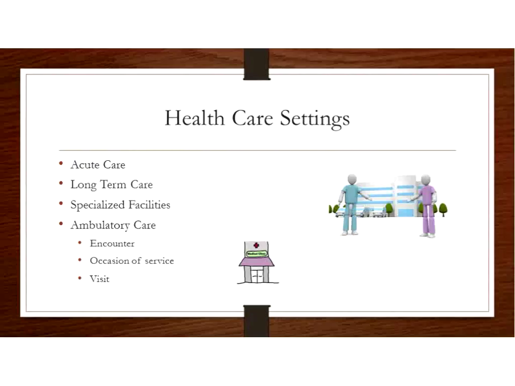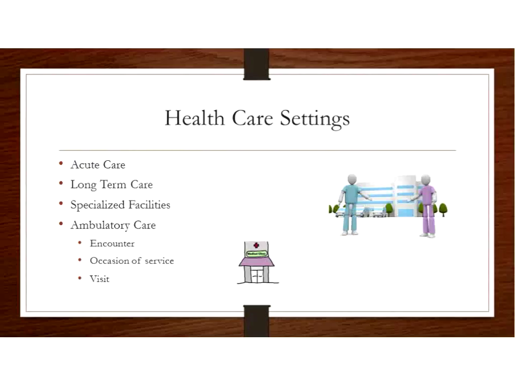Now, when we're talking about the occasion of service, this is looking at those ancillary type services, those identifiable services that are involved in the care. It's not the encounter itself. So like a lab test or x-ray, this is what we call an occasion of service. It may be the result of the encounter. And then you have a visit. That is one single encounter that includes all the services that occur during that encounter.